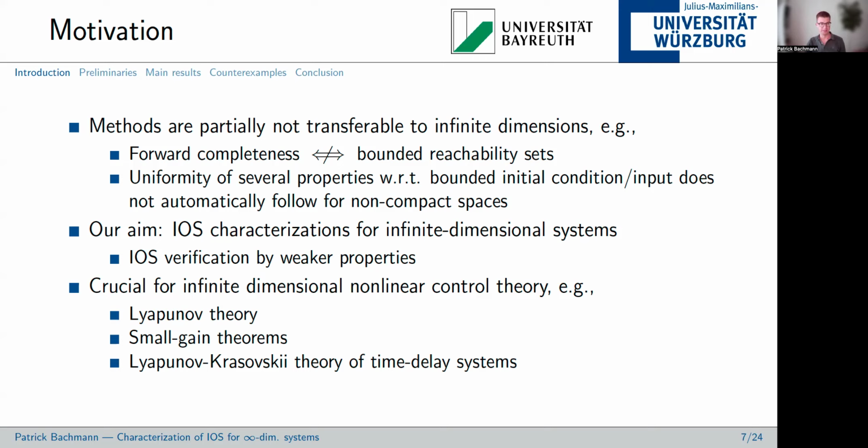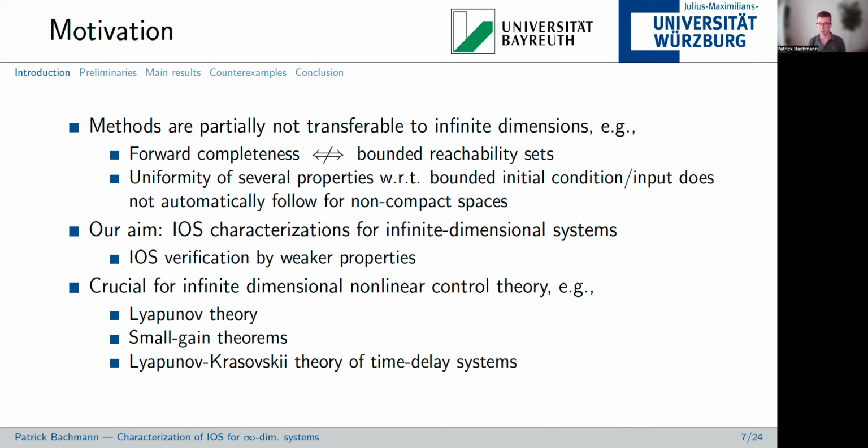So, for example, for bounded initial conditions and input, we do not automatically have several uniformity properties, which do not transfer to non-compact spaces. And a second problem is also that the forward completeness and the bounded reachability sets, which we have in finite dimension, do not transfer.